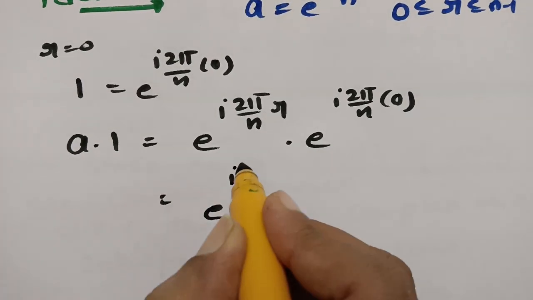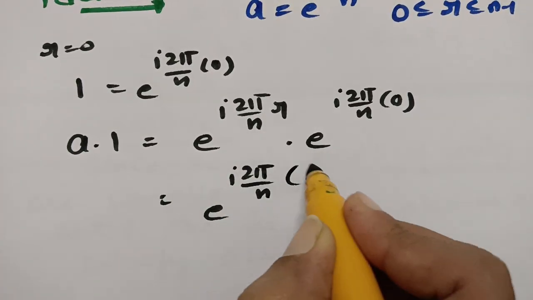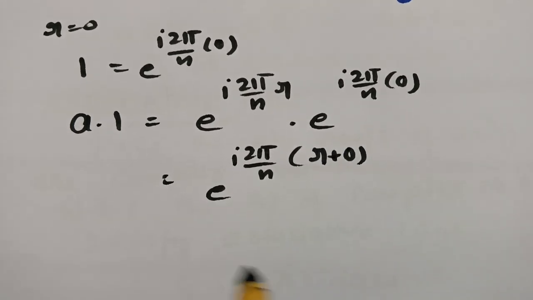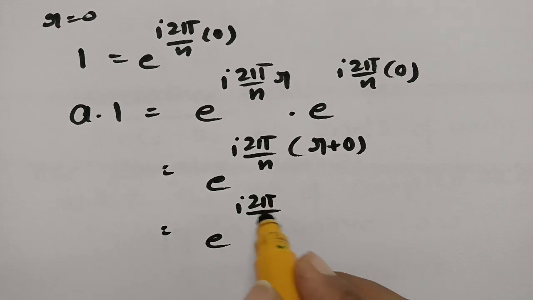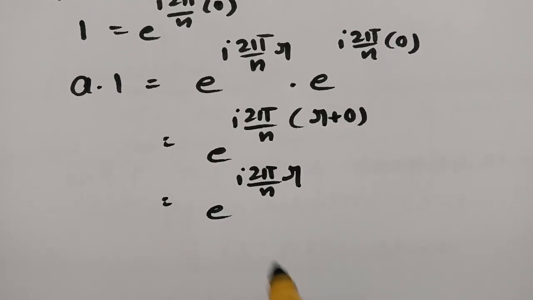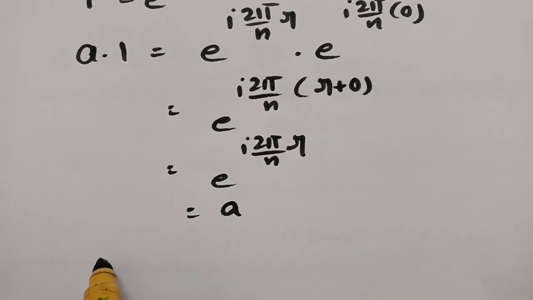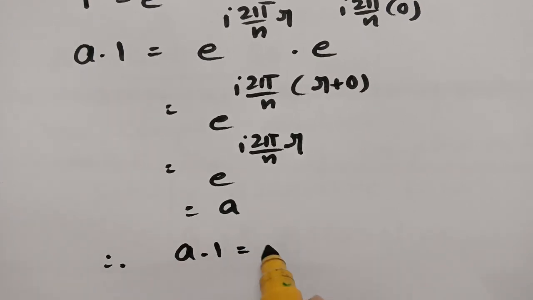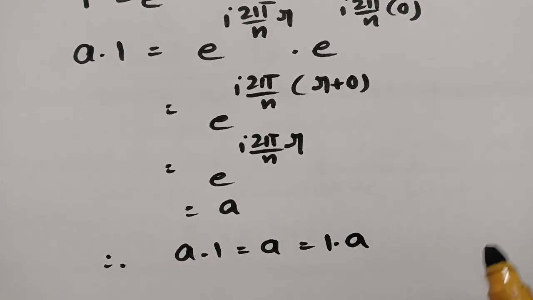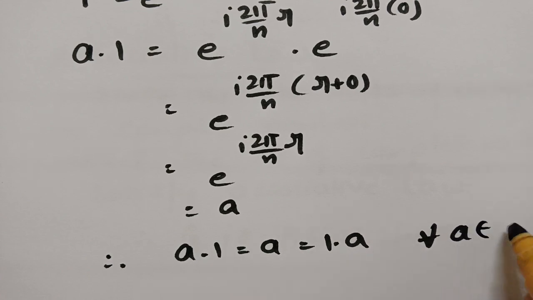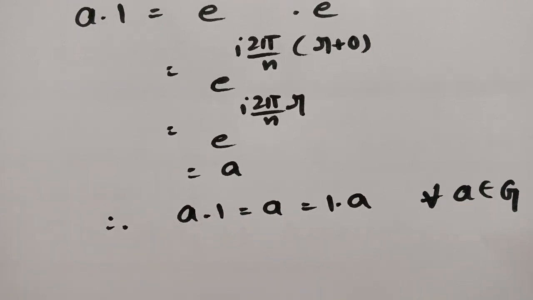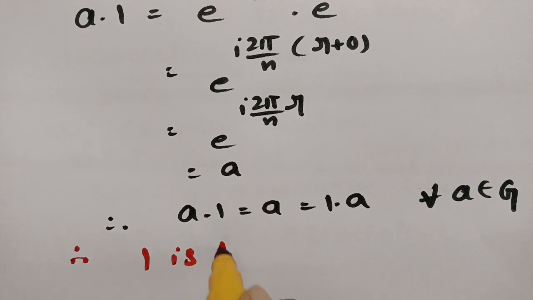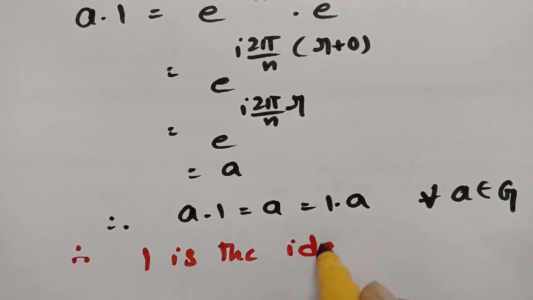So this will be e power I 2 pi n, and this can be written as R plus 0, which is equal to e power I 2 pi by n into R. So clearly this value is A, and therefore we got A dot 1 is equal to A is equal to 1 dot A for every A belongs to G, and therefore clearly 1 is the identity element in G.